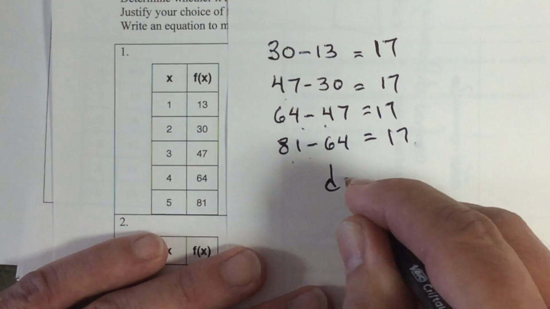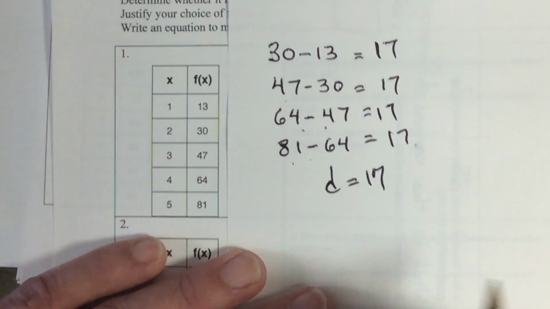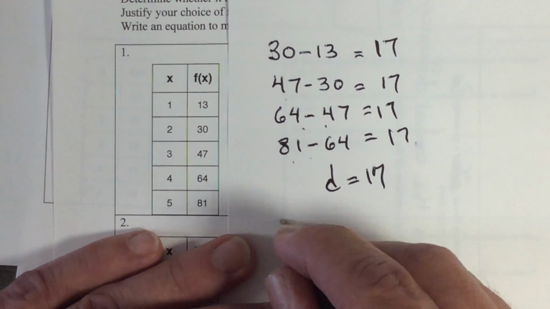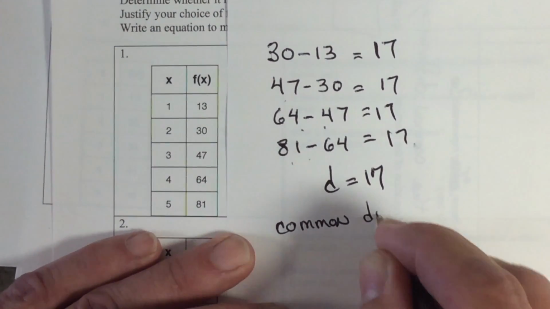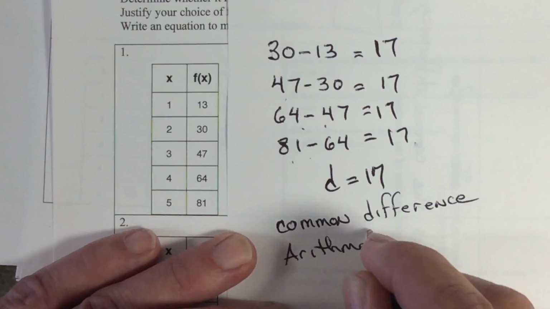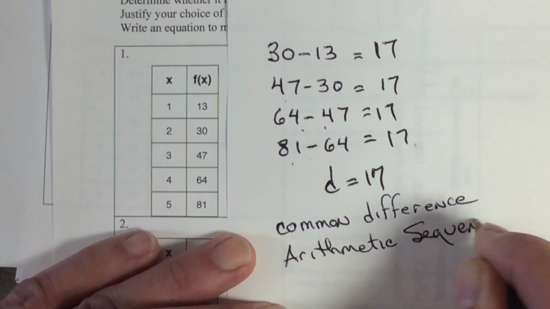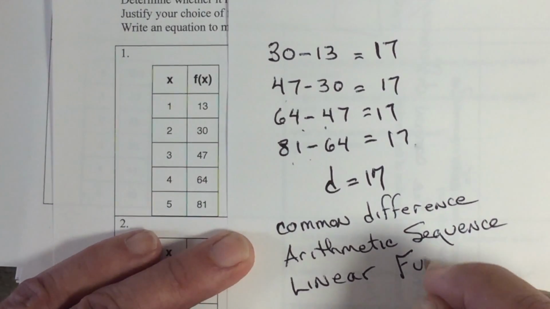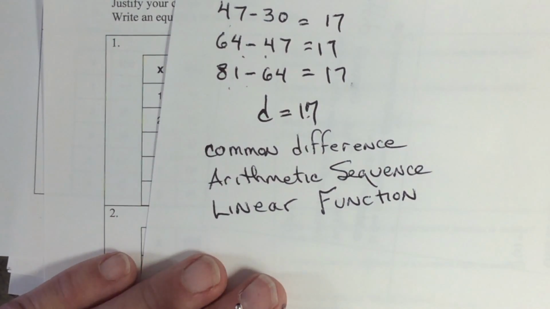We know that in this sequence there is a common difference, 17. That means it's arithmetic. We have a common difference. By definition, that means it's an arithmetic sequence. It means it's a linear function, which means if we graphed it, it would be a line. And it also means that this would be the slope of that line.